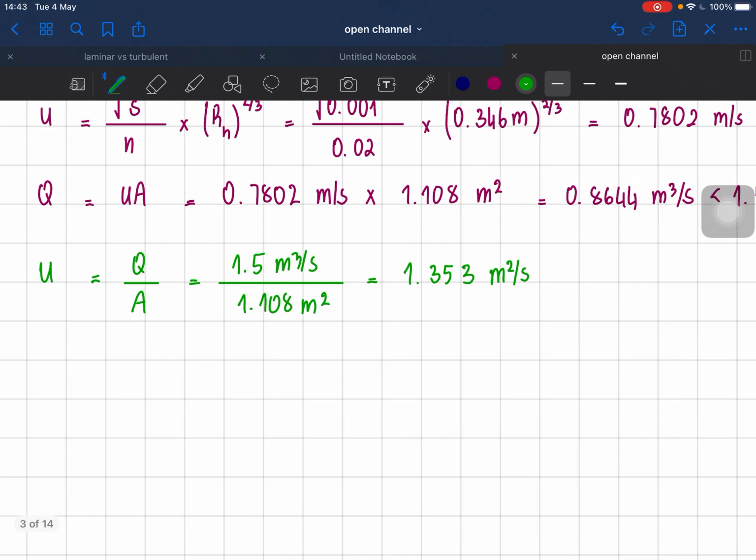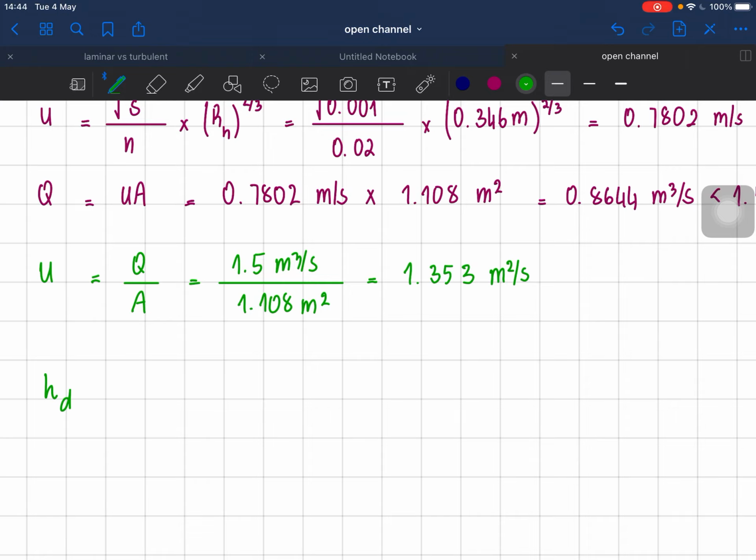And then we can continue to the other one, which is to find the hydraulic depth, HD. Please don't confuse it with the other one that we have to find.